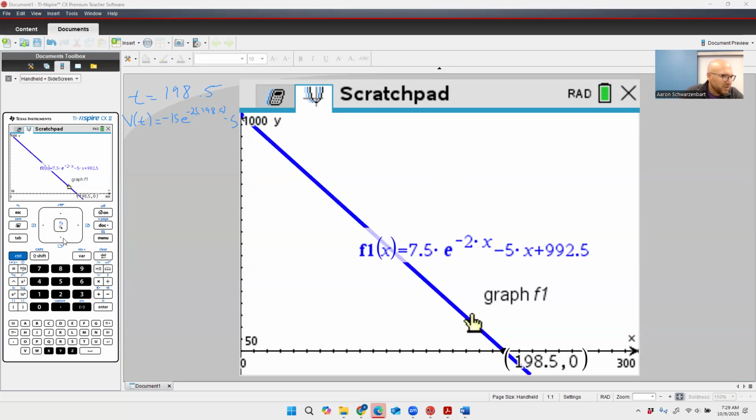When I plug that into a calculator, I get negative 5. E to this large of a number in the negative direction is basically zero.